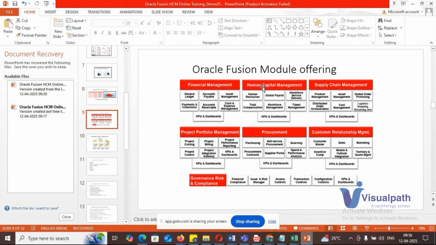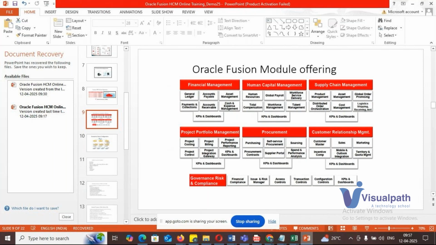We will do the setup and configurations in human capital management. Whoever wants to go for financials can go to the separate financial management module, and Oracle supply chain management, right? But here we'll take care of Oracle human capital.